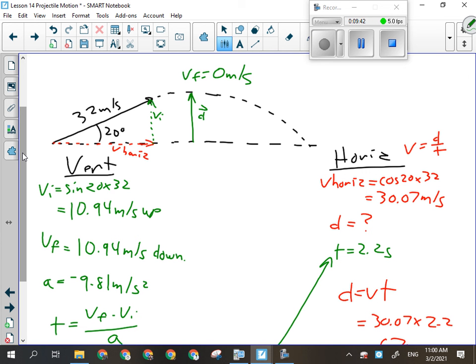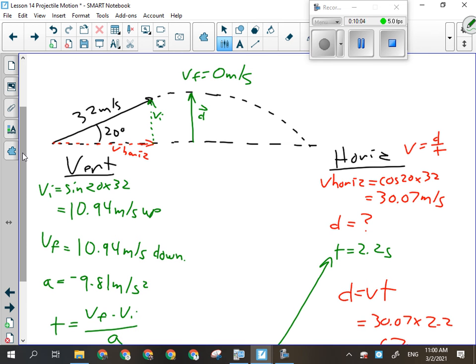People, when they're using time, inevitably forget that D occurs at half the time and they forget to divide their time by 2. And then they get the wrong answer for the vertical displacement. They get 0, because if you use the full time, that's what the displacement will be, 0.